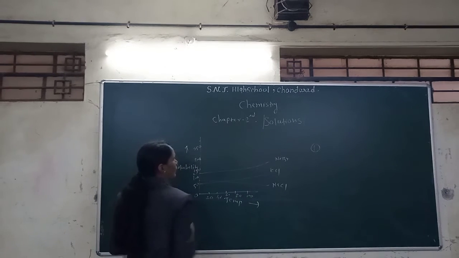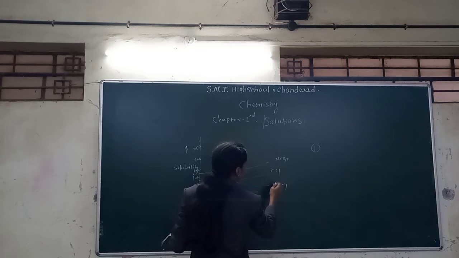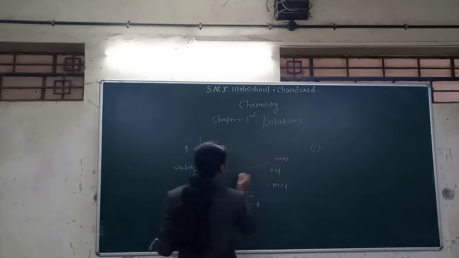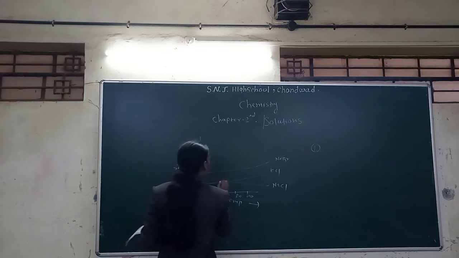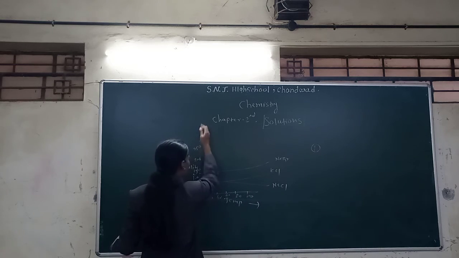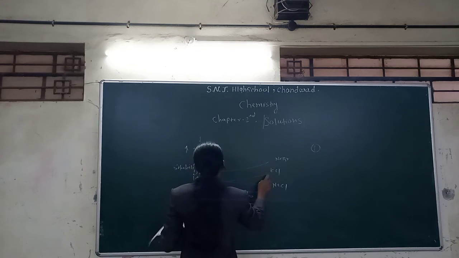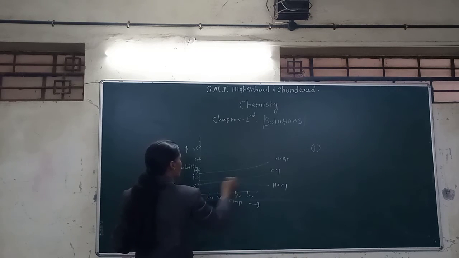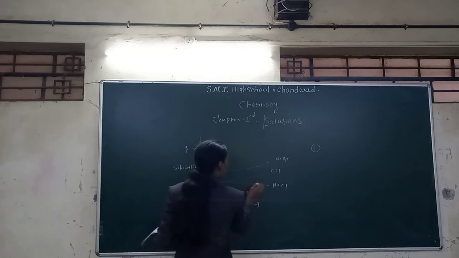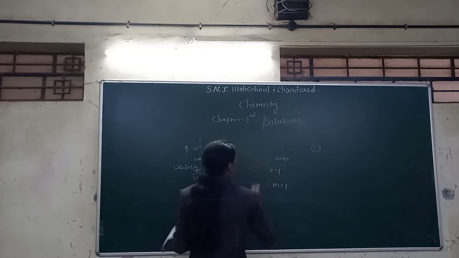The change is slow; when temperature increases, solubility remains nearly constant. Here solubility is 50, 60, 70, meaning it does not change rapidly. Also in NaCl solubility decreases slightly and in NaBr solubility is constant.